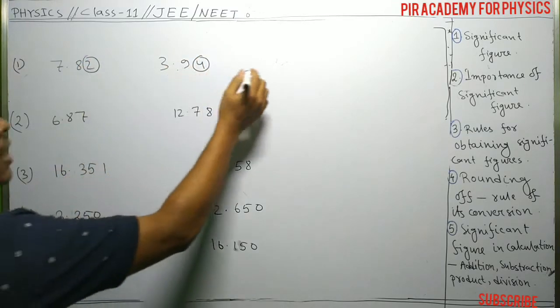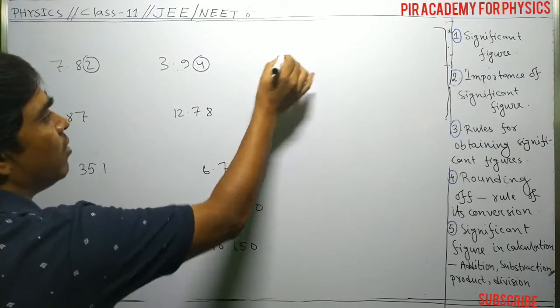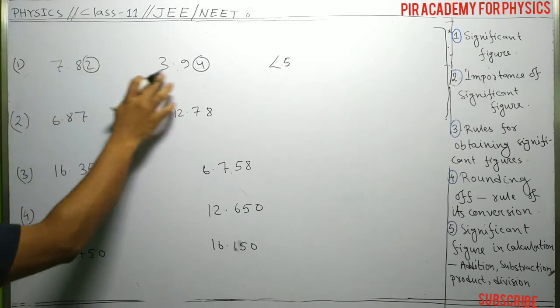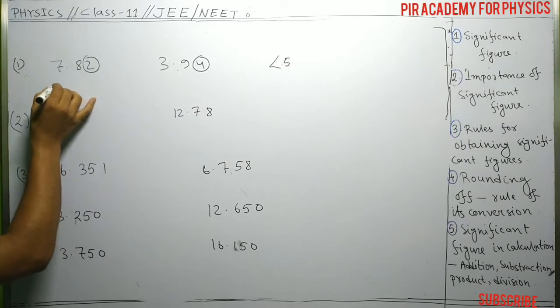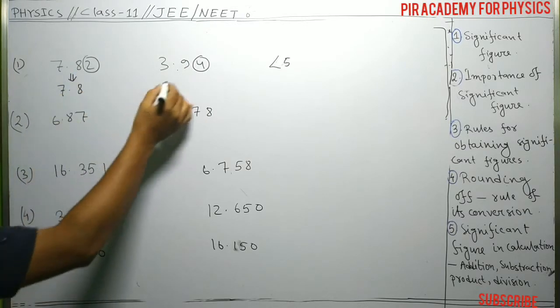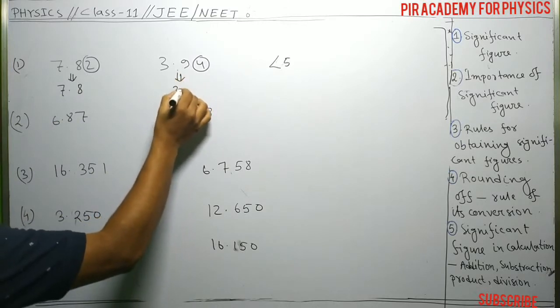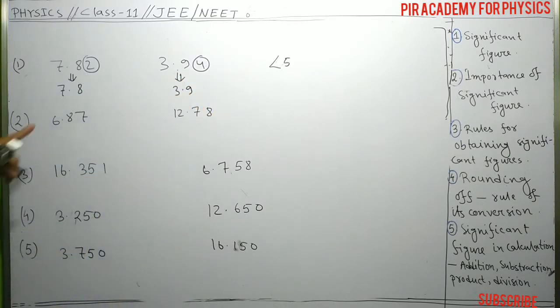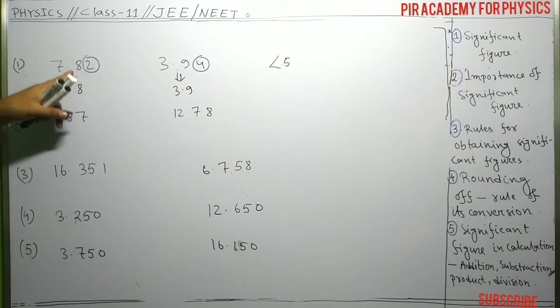These values are less than 5, so the preceding value will be unchanged. That means it will be 7.8 and this will be 3.9. So the value is unchanged if the dropped digit is less than 5.